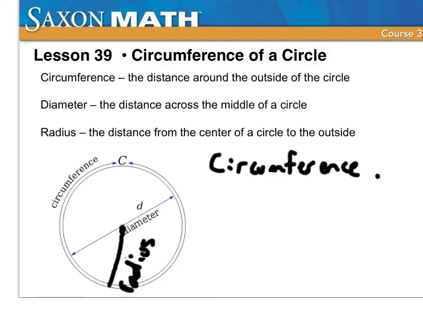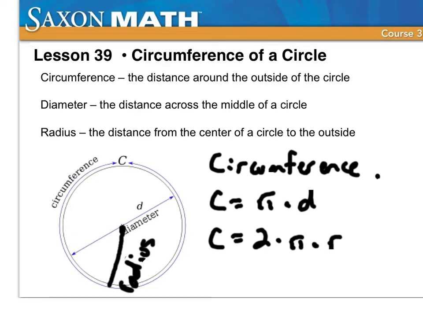Okay, we can say the circumference is equal to pi, that number that you know is 3.14 yada yada yada, times the diameter, or we can also say that circumference is 2 times pi times the radius. Okay, either way. Two possible ways to find the circumference. And the reason why it's 2 times pi times the radius is because the diameter is twice the radius.